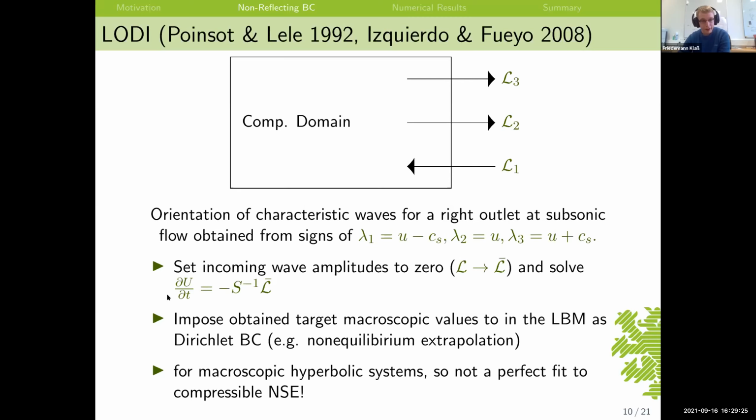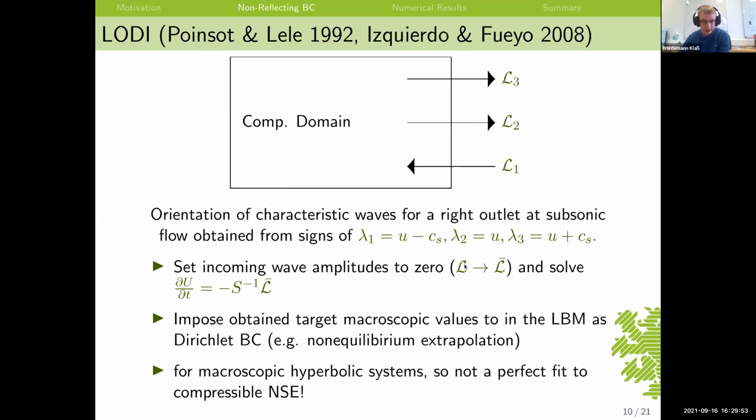This will give us the macroscopic target values we should impose on the lattice, eventually on the boundary. And of course, there is a certain degree of freedom, and any lattice Boltzmann Dirichlet boundary condition will do the trick. We stuck here with non-equilibrium extrapolation. I think one could also just impose the equilibrium in principle, but this will lead to some wrong gradients.